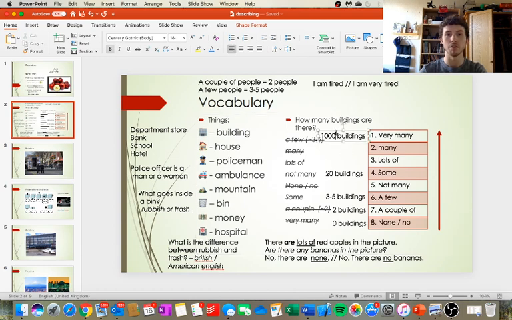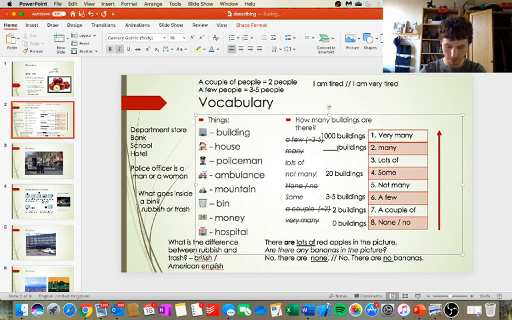So if there are 1,000 buildings, this is very many. So how many for there are many buildings? There are how many buildings?